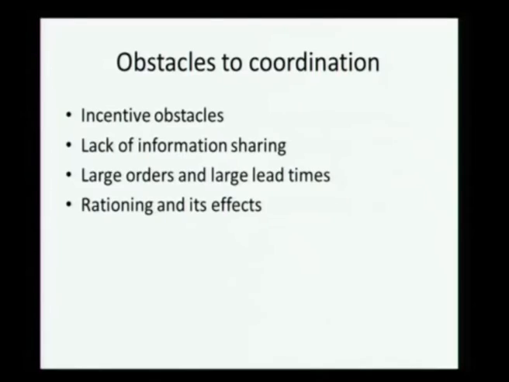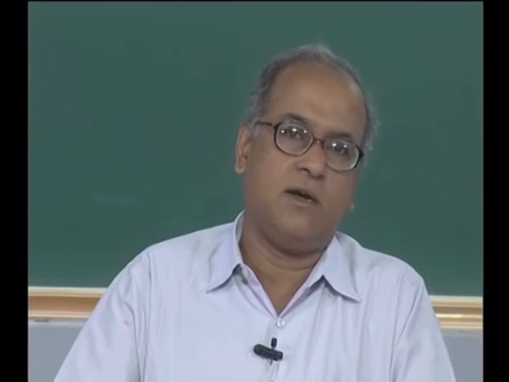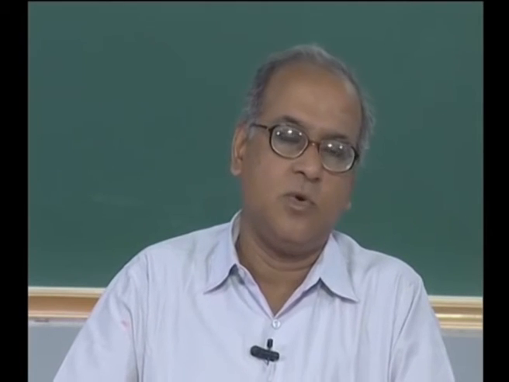The last one is called rationing and the effect of rationing. Now rationing happens when total demand for a product is more than the supply. So if we assume a single supplier and, let us say, 4 customers who demand this product, and if the total demand is higher than the total supply, then certainly all of them will not get their demand.